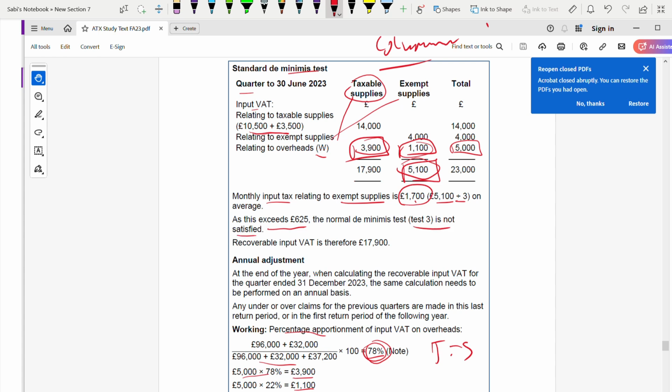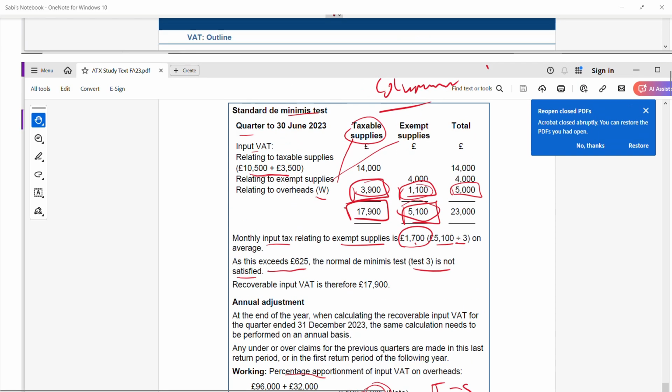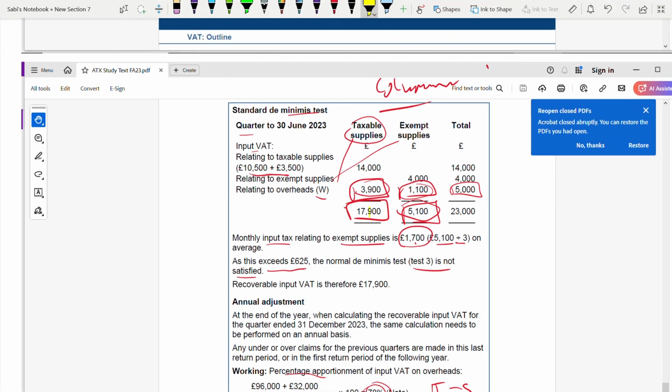If all the 3 tests are not satisfied, what happens? It means you are not getting the recoverable. Input VAT will be recovered only for taxable supply, only for this. Let me highlight it. Only this 17,900. Therefore, recoverable input VAT is the taxable supply.